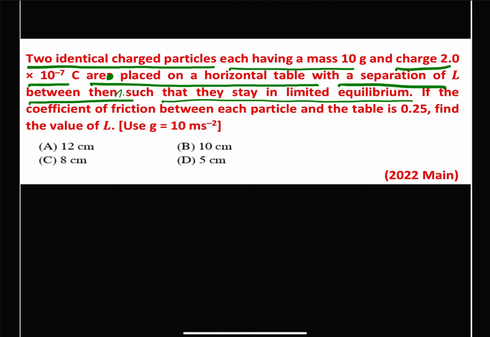If the coefficient of friction between each particle and the table is 0.25, find the value of L. Use g as 10 meter per second square.